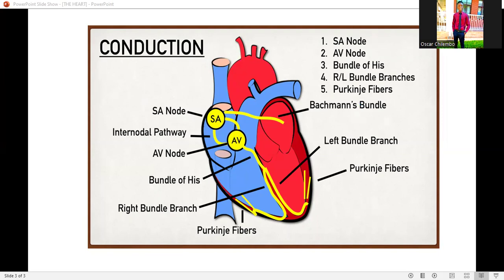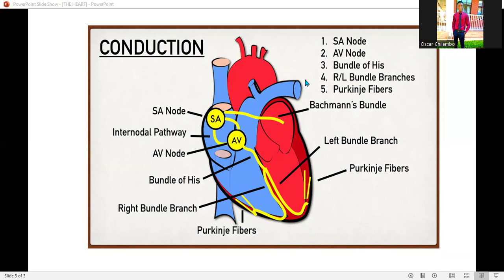This video is made in connection to what we did in the previous video. When I was introducing the cardiovascular system, I talked about the structure of the heart. We looked at the external structure of the heart, and went on to describe the internal structure of the heart as well as the cardiac muscles.